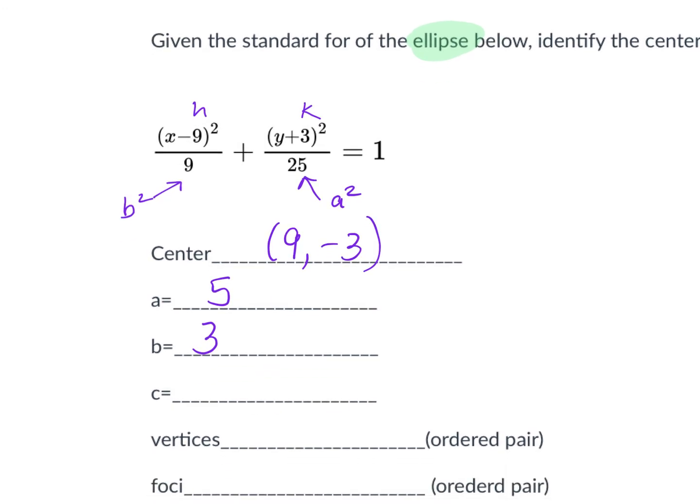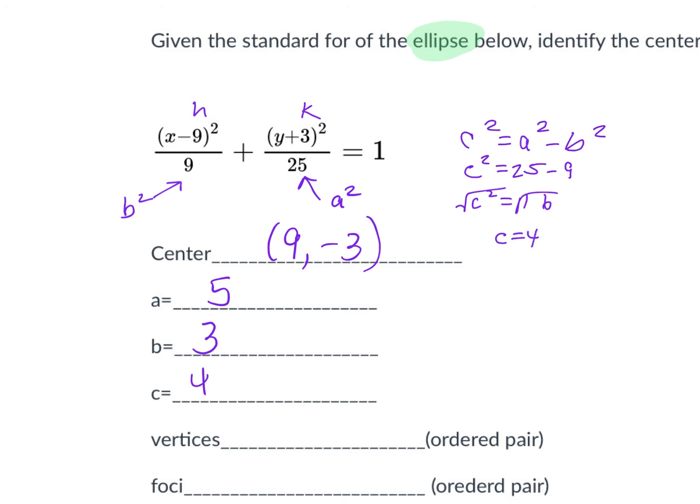And then how do I find out what C is if I have an ellipse? C squared equals A squared what? Minus B squared. Good. So C, we don't know what it is. I have 25 minus 9, right? Which is 16. Square root of 16 is 4.